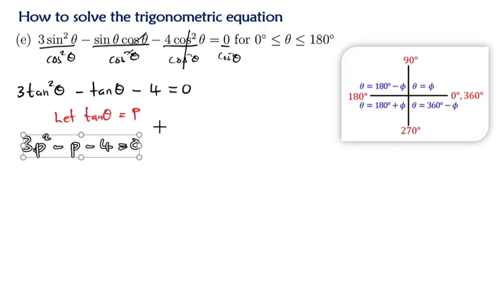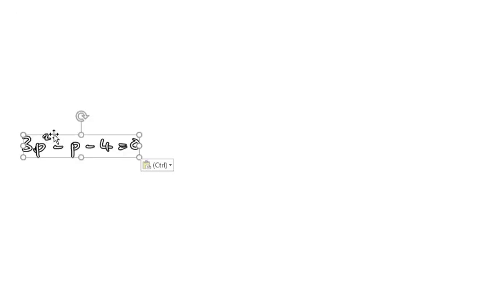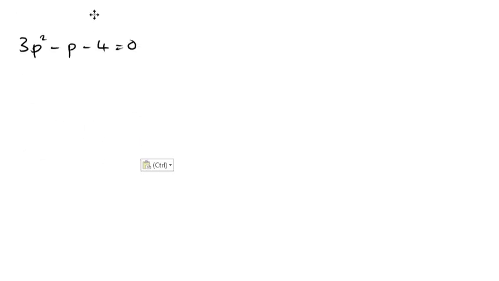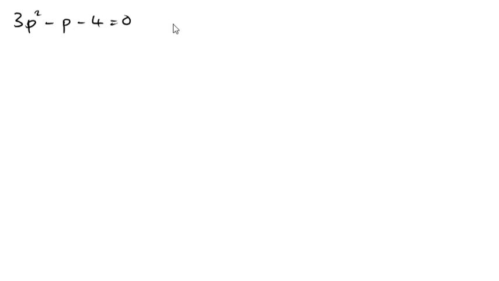Okay, let's pick this up. Let's solve it. So let's start by solving this particular quadratic equation. Then we'll come back to what we're doing. So to solve this, we can simply say p is equals to negative b plus or minus the square root of b squared minus 4ac, all this is over 2a.